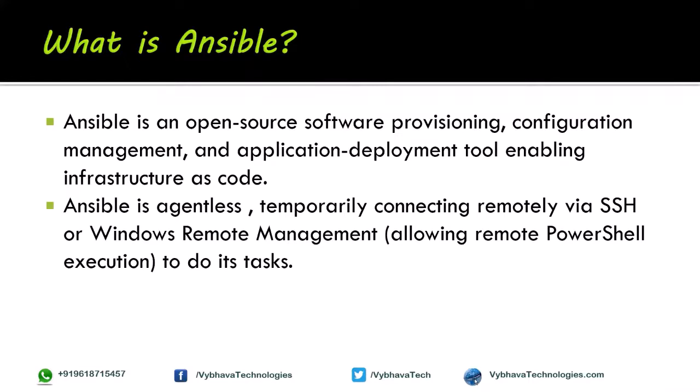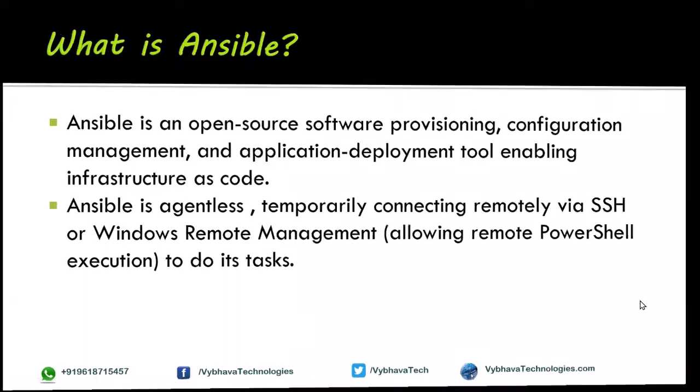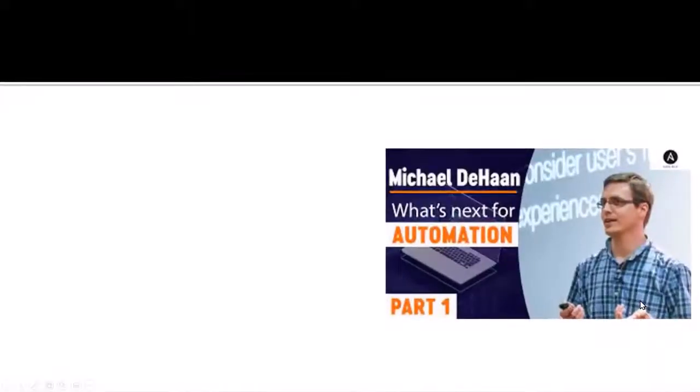It is a temporary connection, whenever you want to do a task, it uses SSH, and SSH is available on all platforms. Windows now has SSH capability, and PowerShell can execute SSH. Anyway, we mostly work on Linux, and most of our course will be covered there.